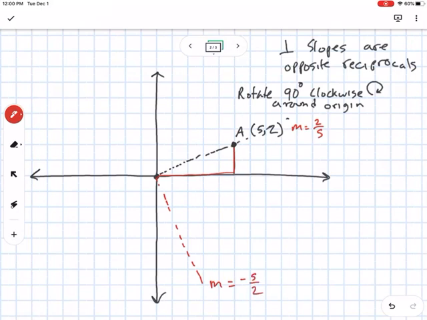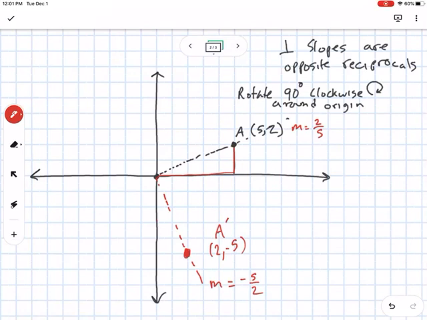And what that tells us is that the point, because we're rotating around the origin, is going to be down 5 and over 2. So it's going to end up right here, and that's the point 2, -5. So that we would label A prime.